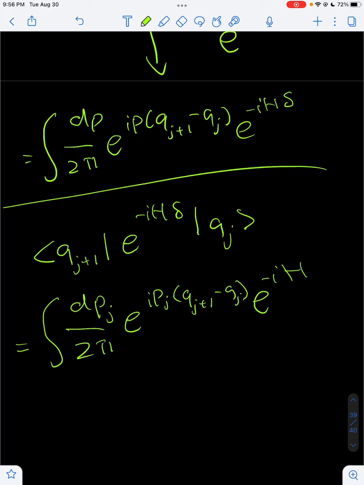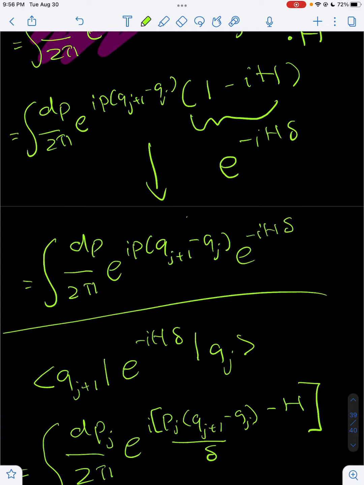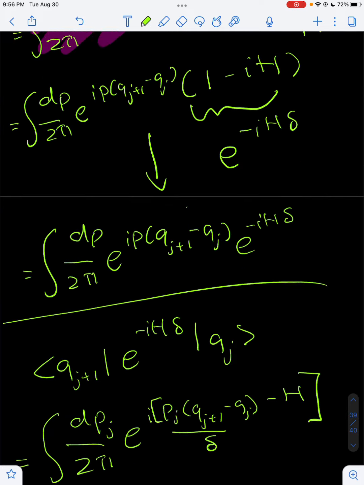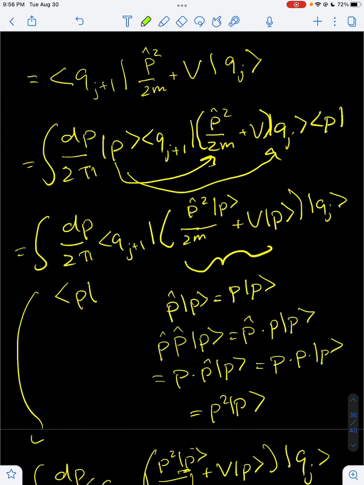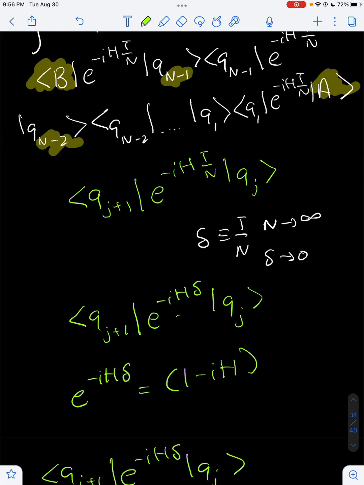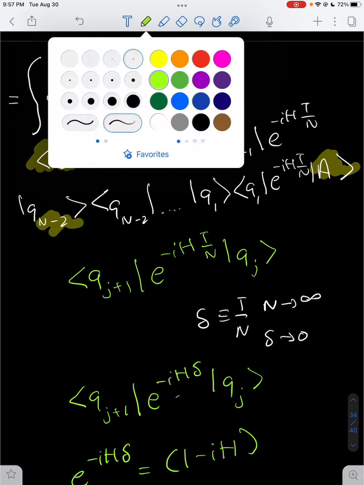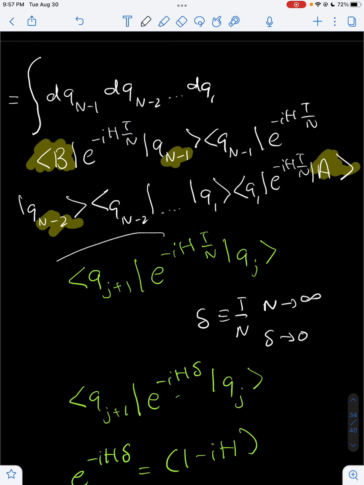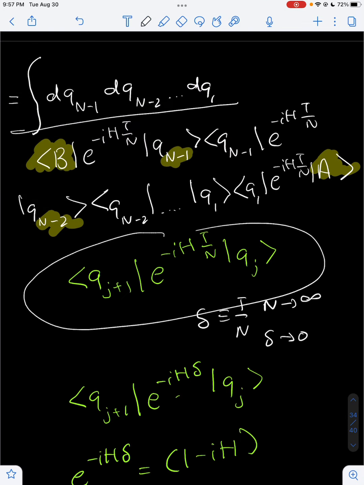e to the minus ih delta. So our answer, remember how at the start, let's scroll a bit back, right? We found out that the general form looked like this, right? And we were integrating over dq, right?